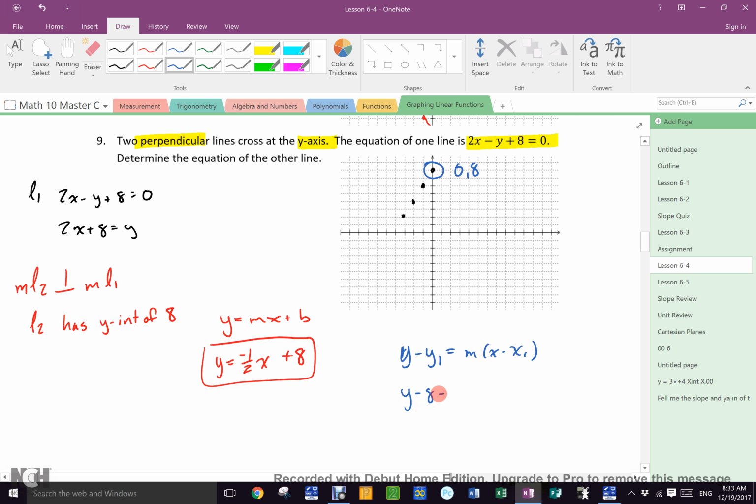Y minus 8 equals m, negative 1 half, x minus 0, right? Everyone see it? Now, x minus 0 is what really? Negative 1 half x, yes? And then if I move that over, what do I get? Everybody see? It's the same line.